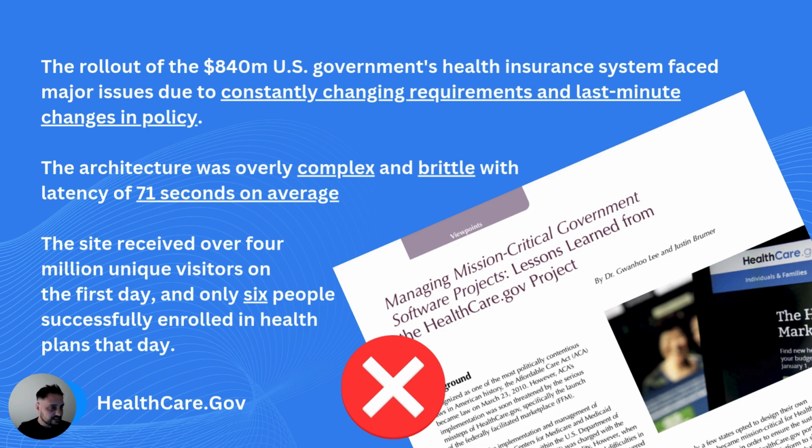The outputs of that were that it couldn't scale. Latency on average was 71 seconds. And on the initial day, 4 million unique visitors actually went onto the website, yet only 6 people could actually enroll in health plans that day. This was all because this architecture, at a code level and architecturally, could not adapt to change.